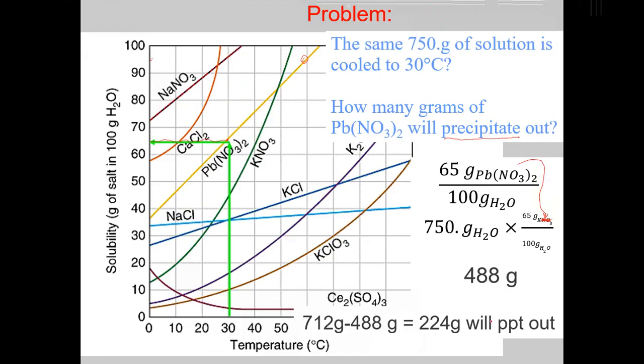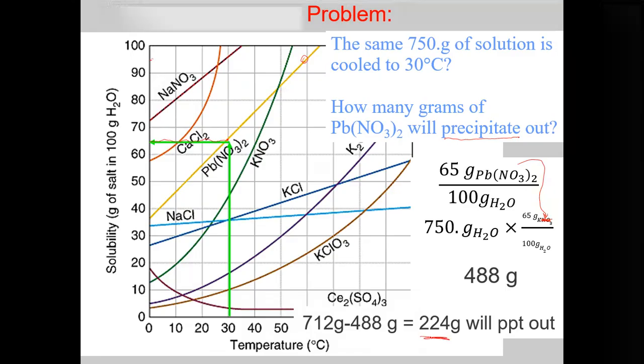That means I'm going to have 224 grams of my lead nitrate precipitate out, fall out and become the solid at the bottom of the container. Okay, so there's a bunch of different ways to do the math part of these problems. It really comes down to taking the chart, turning it into a conversion factor, and then using that conversion factor to solve for whatever you're looking for.